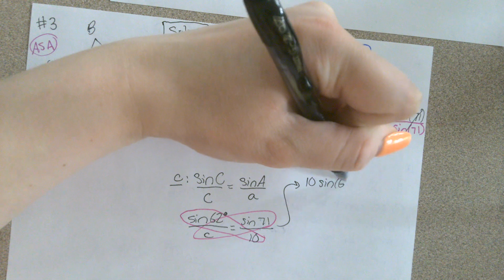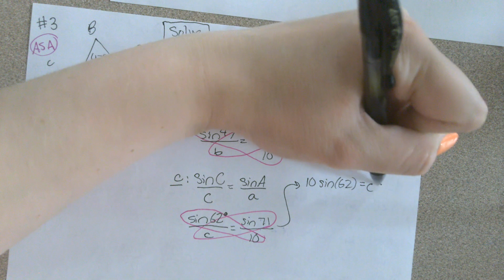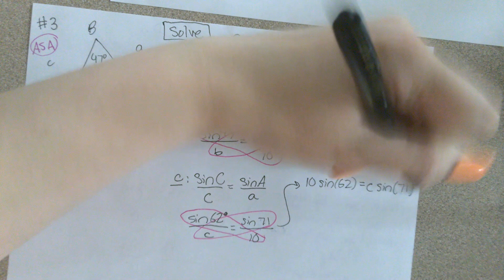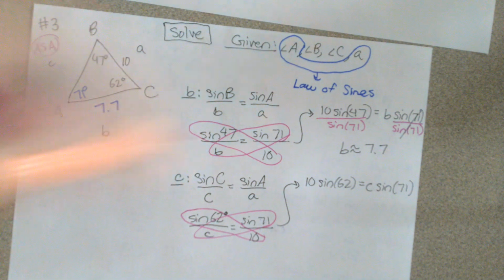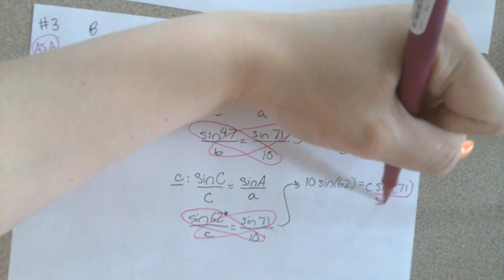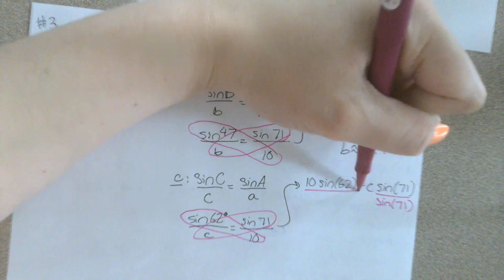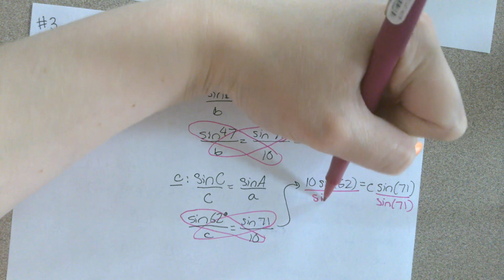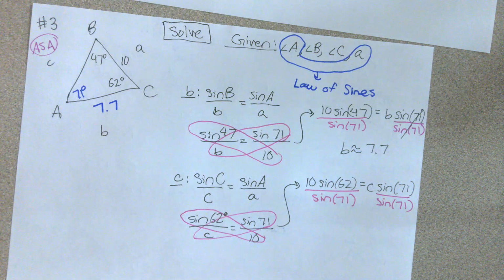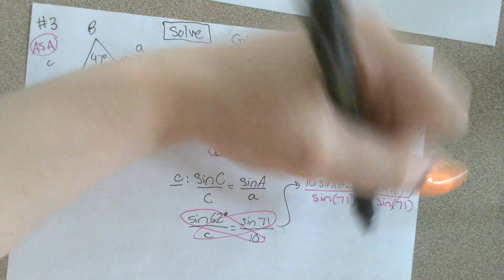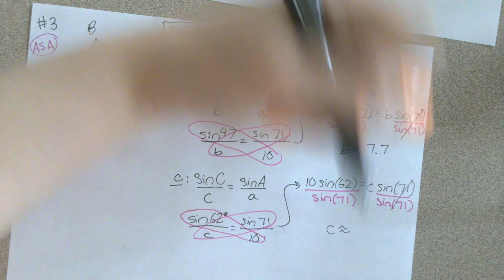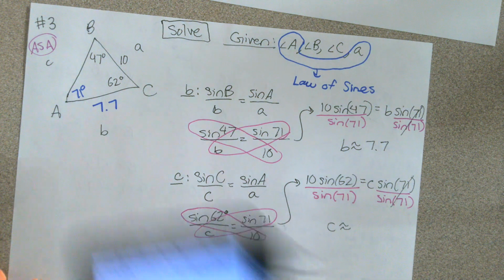Sine of 62 equals c sine of 71. Divide off the sine of 71. These cancel. And again, I'm just going to go straight into my calculator for the answer.